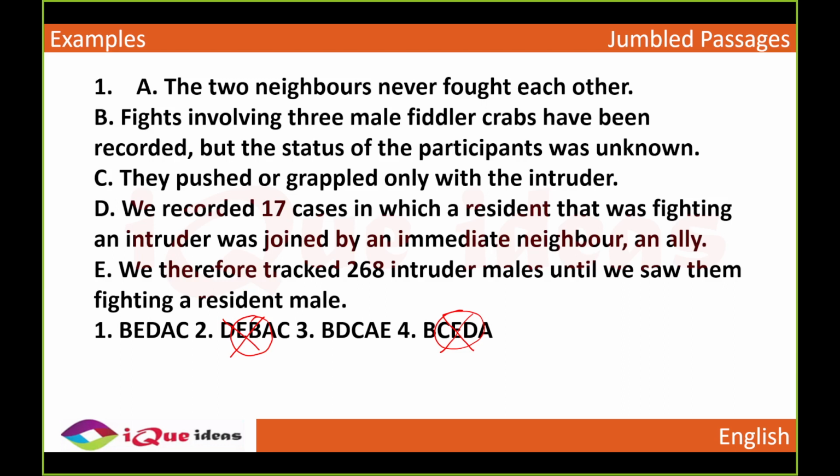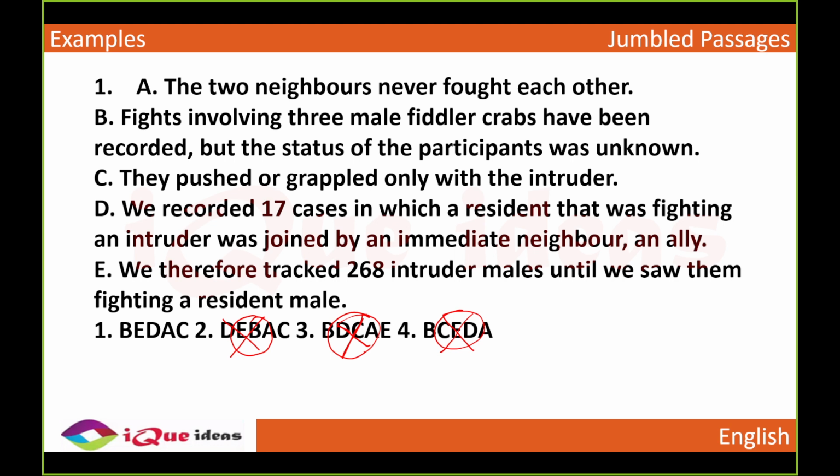So E makes a better beginner than D, which would then eliminate B, D, C, A, E, because E before D makes more sense. So if I go with B, E, D, A, C, B introduces the concept of fighting of crabs. B also says we did not know the status, so we started tracking them till we saw them fighting. Then we recorded 17 cases in which the resident was fighting an intruder who was joined by a neighbor.